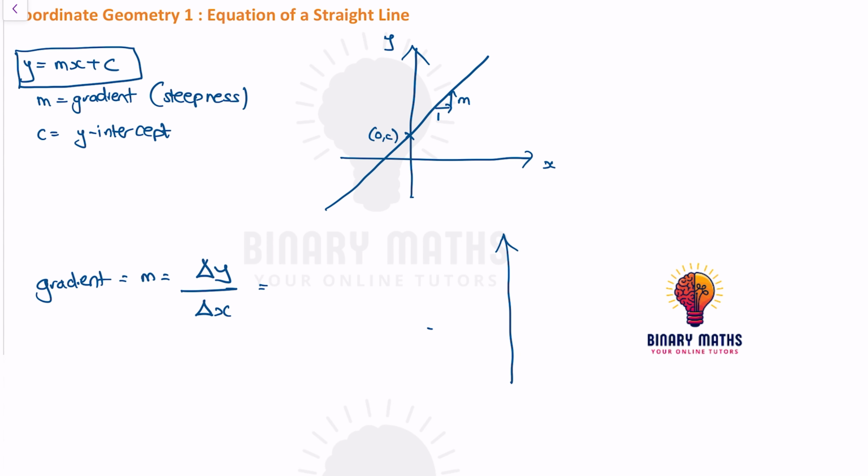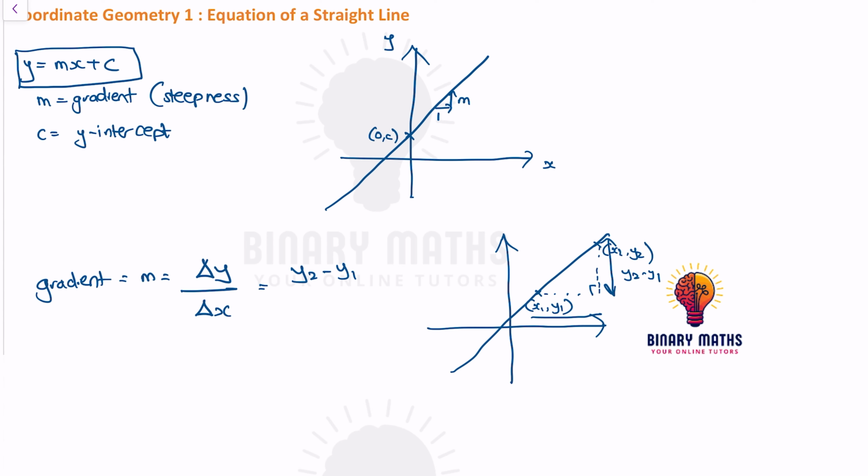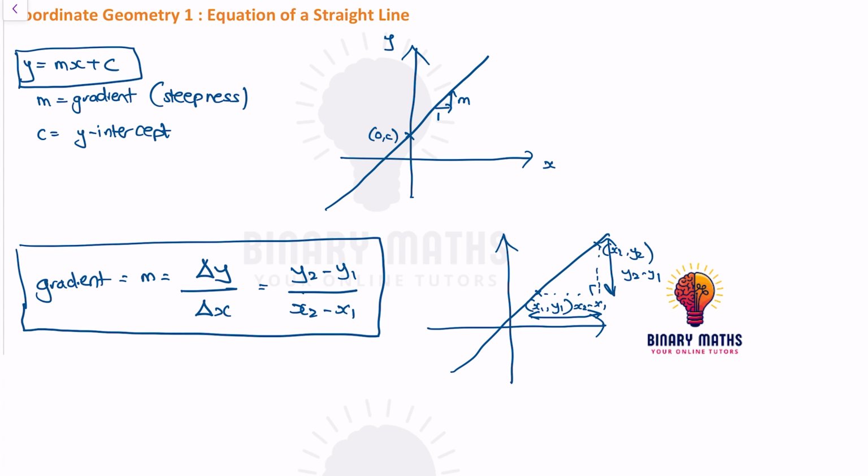So if you have 2 points on this line, which are (x1, y1) and (x2, y2), then change in y is going to be y2 take away y1, over the distance between the x coordinates, which is x2 take away x1. So this is the second formula that you need to memorize.